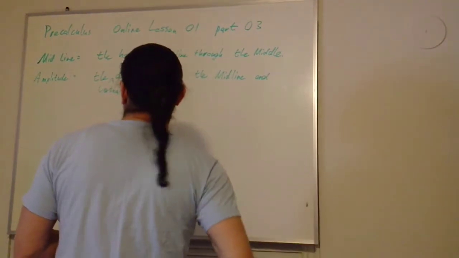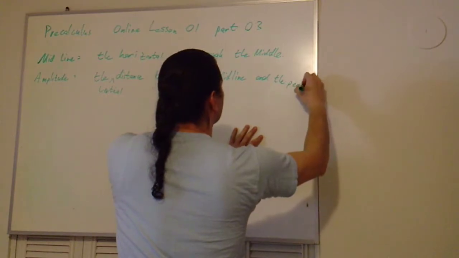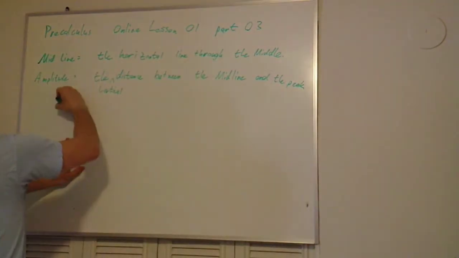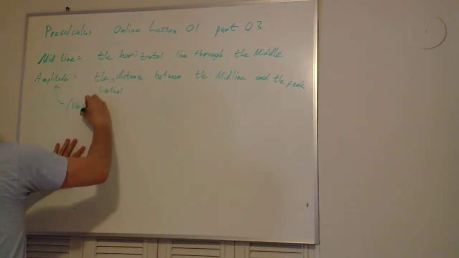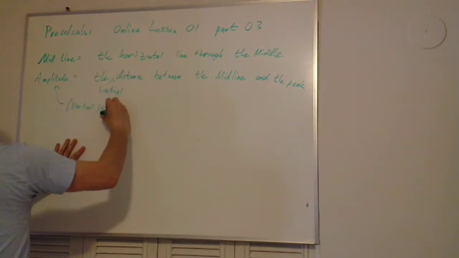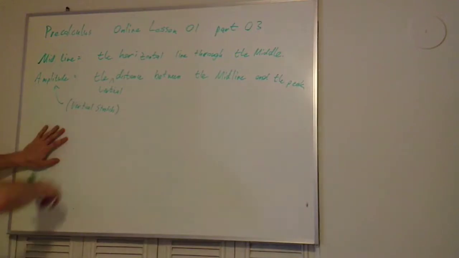Oh, let me also say, amplitude is the trig wave version of a vertical stretch. This is what we call this kind of transformation happening to any other function.